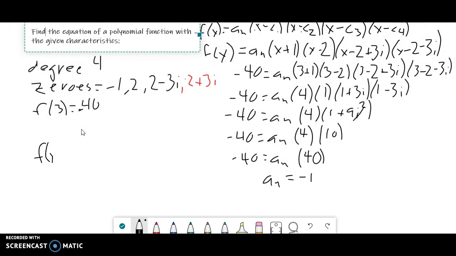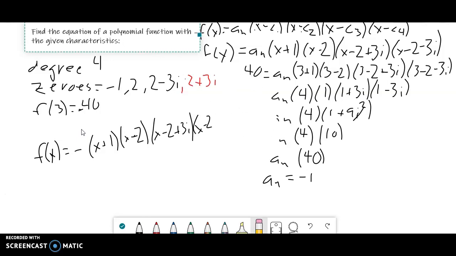So now we're finally to a point that we can write out our polynomial function. Our function f of x must be equal to the negative 1, or I can just put that negative in front. Then our first factor x plus 1, x minus 2, x minus 2 plus 3i, and the x minus 2 minus 3i.